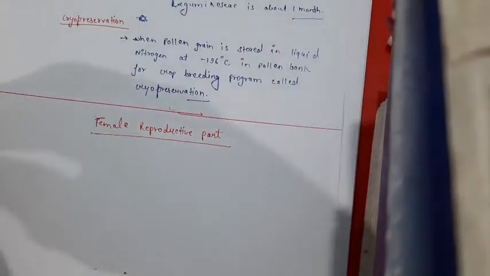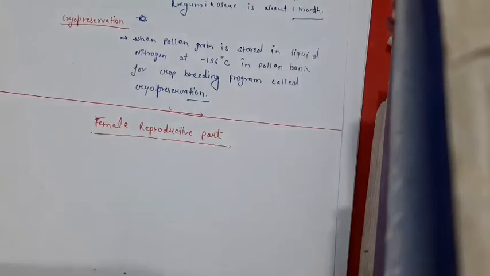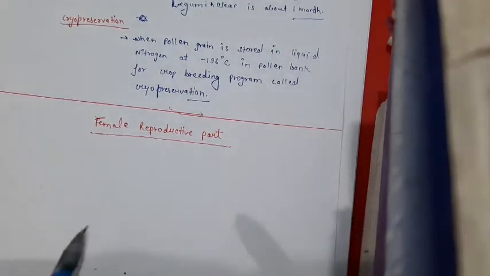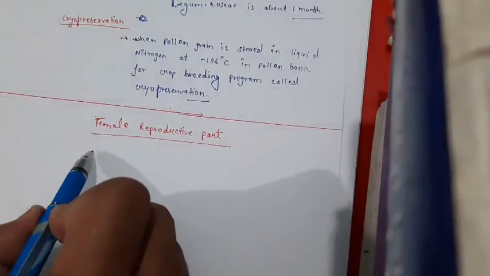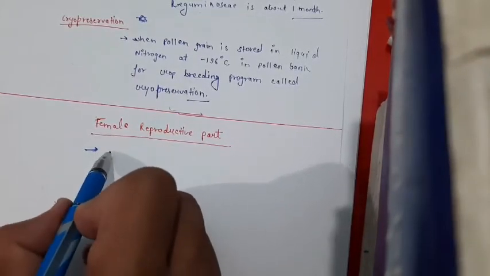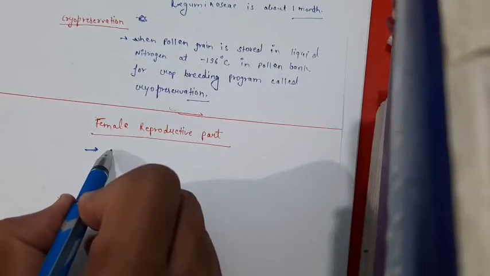So friends, in the previous video we discussed what is pistil and what is gynoecium. If you have a problem, then see the previous video. Now friends, we will directly come to the point.